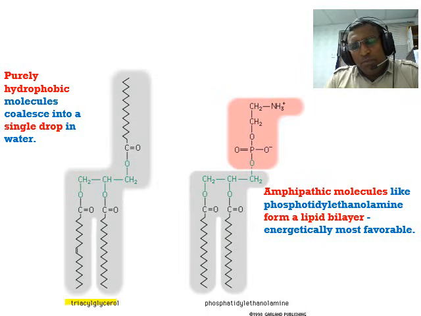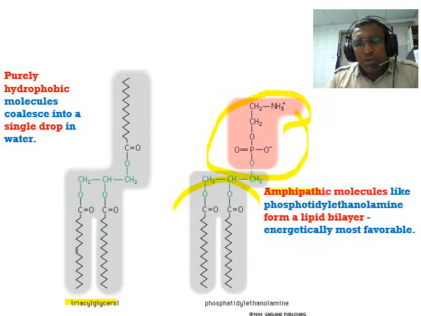Then you have the amphipathic phosphatidylethanolamine. It also has its limitation in liking water, because this head group likes water, but this tail goes far away from the water.